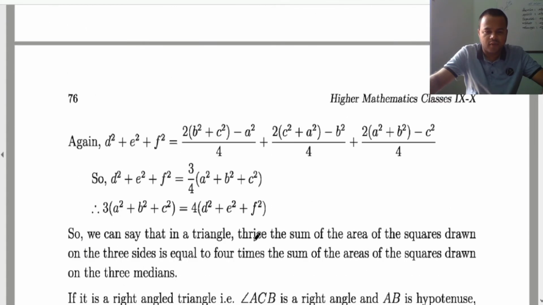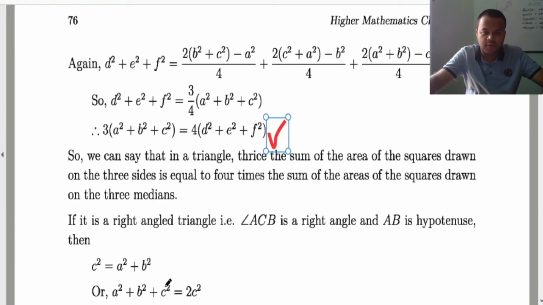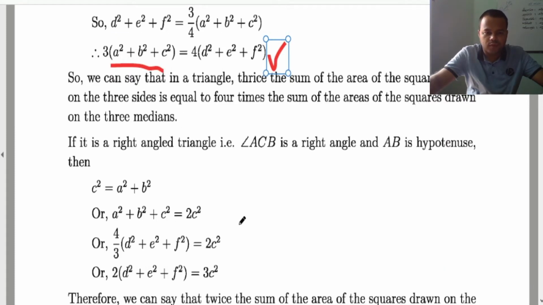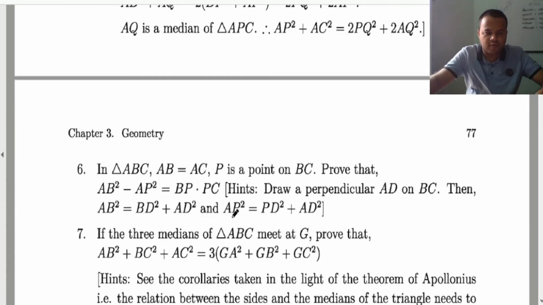Here we have the relation between the medians and the sides of a triangle. 3 times the sum of squares drawn on all sides equals 4 times the sum of squares drawn on all medians. We already used this corollary to prove number 7 from the exercise.